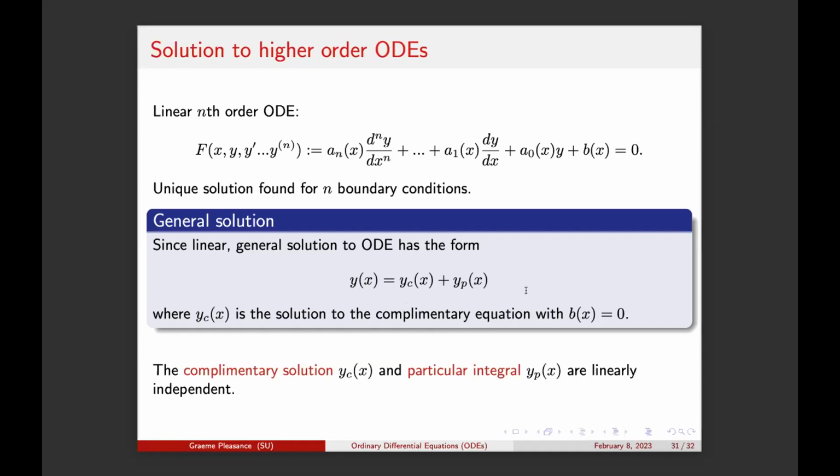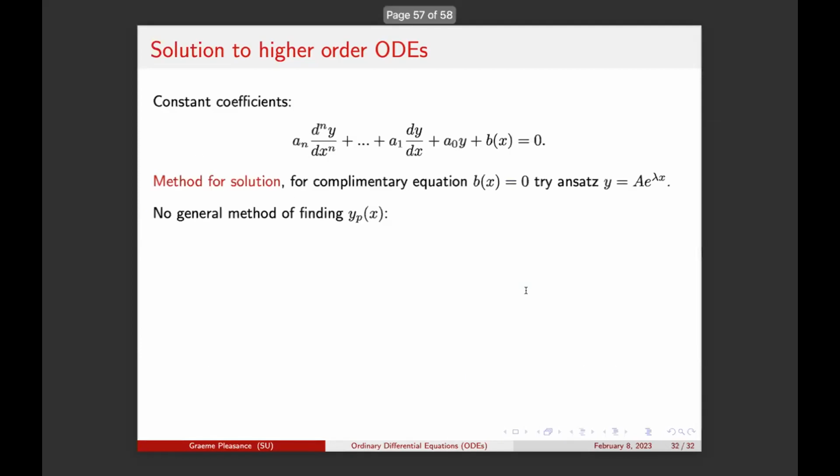So, let me just go over the general method for solving an nth order linear ODE with an inhomogeneous term. First, we start by solving the equation in the case where we assume b of x to be 0. Again, this follows what I showed on the previous slides.